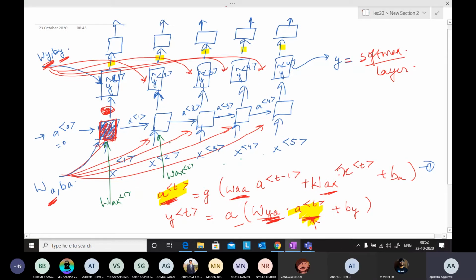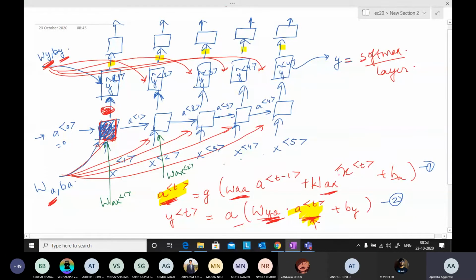At the same time step, it will also generate this Y output in parallel. To calculate this Y output, we have applied this softmax layer, and this softmax layer has weights WY and BY, and using equation 2, at the softmax layer we will calculate YT.